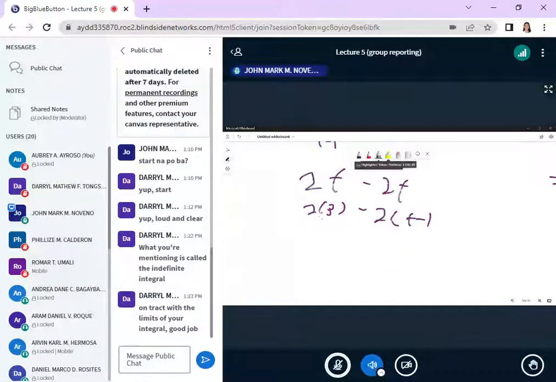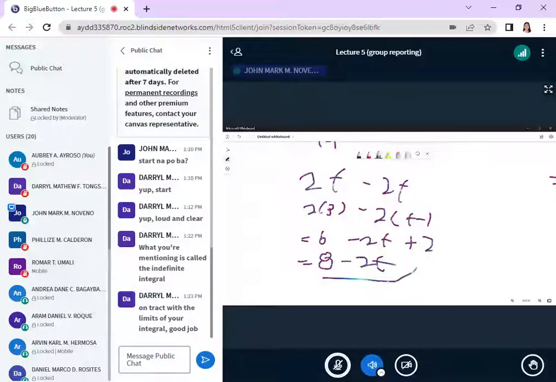So, simplify natin, 2 times 3, ilan yan? 6, minus 2t, negative 2 times 1, negative 1, magiging positive 2. So, meron tayong like terms na puro constant, 6 tsaka 2. So, pagsamahin lang natin siya, 8 yan. 6 plus 2 is 8. 8 minus 2t.